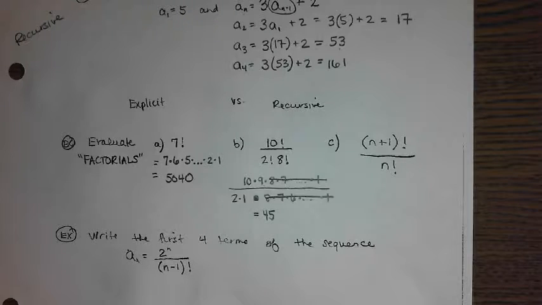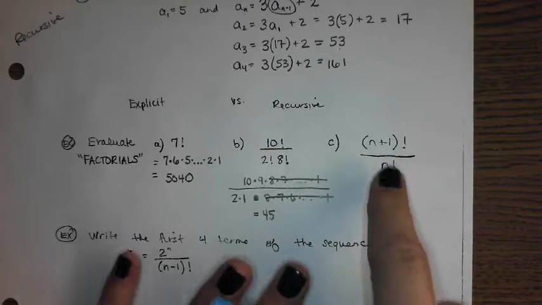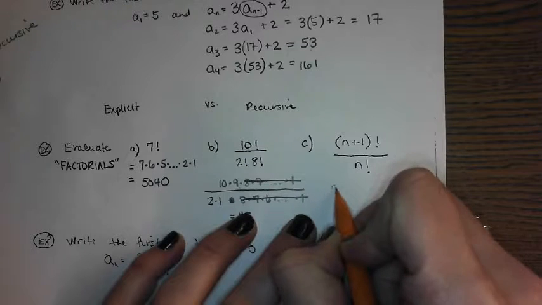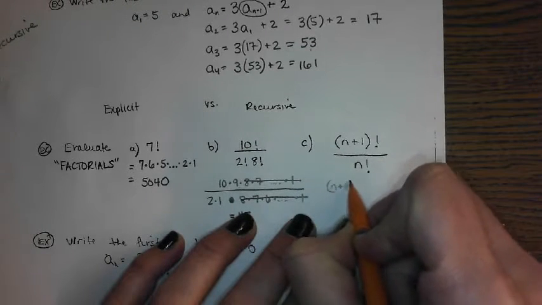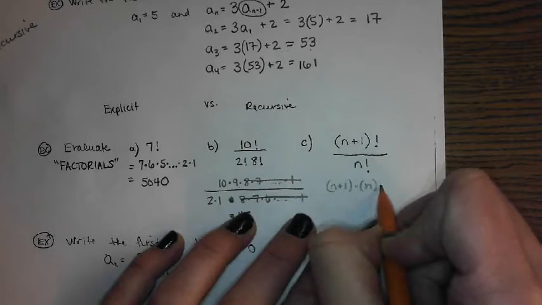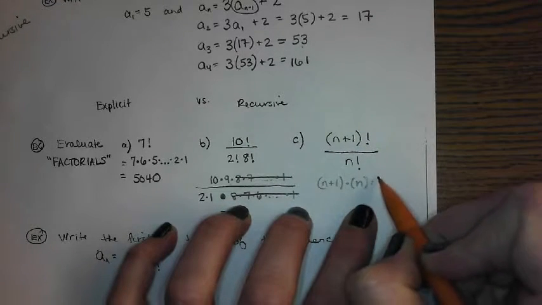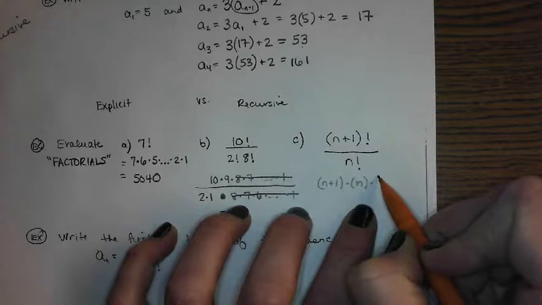And then C is a little bit tricky because now we're dealing with variables. So Adam, what would the numerator mean here? Someone help him out from here. Liam?